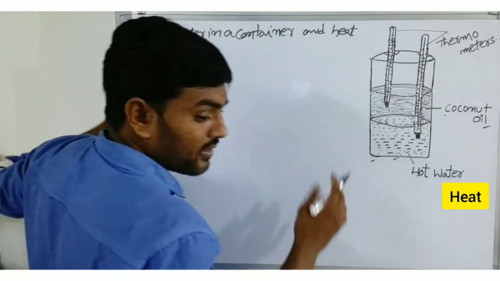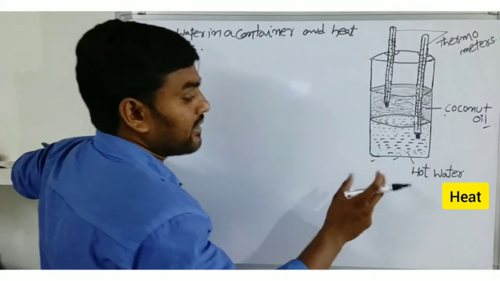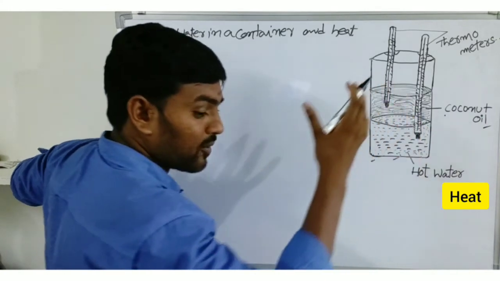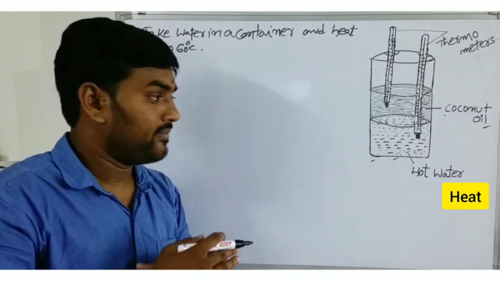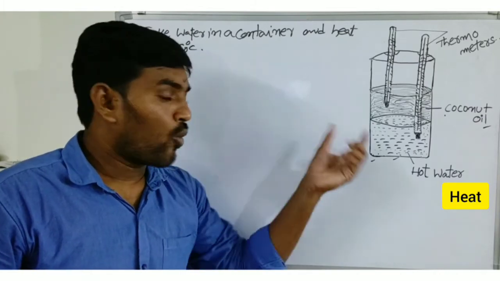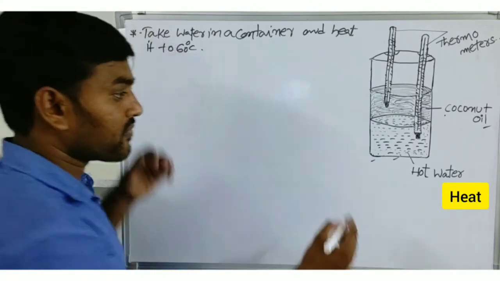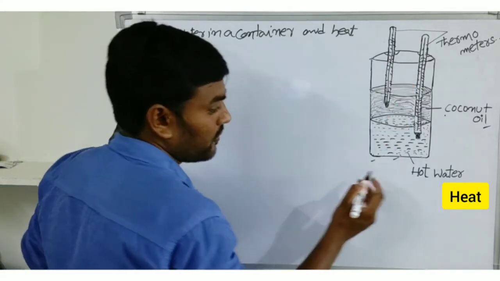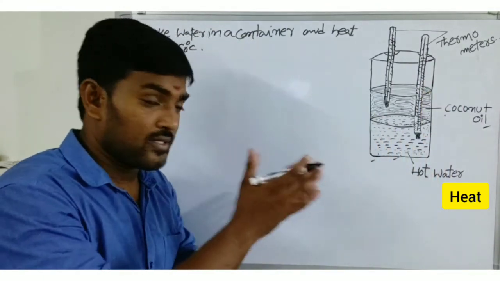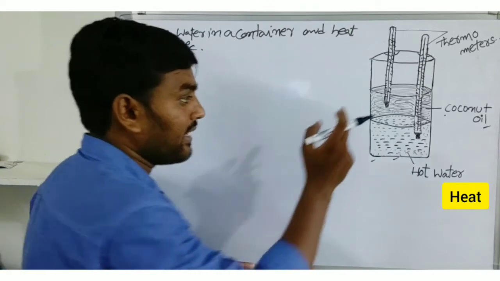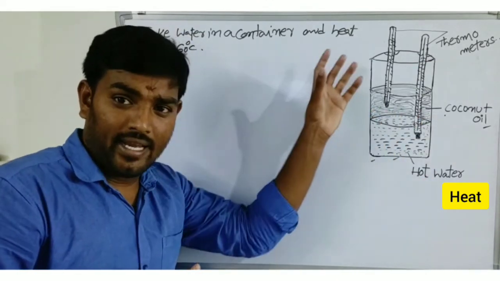The reading of the hot water thermometer decreases continuously, while the reading of the coconut oil thermometer continuously increases.